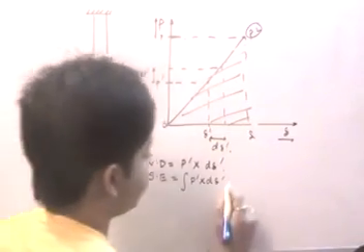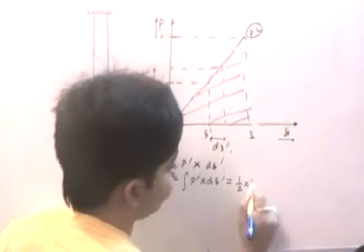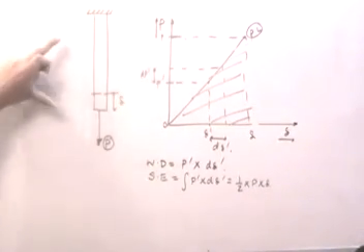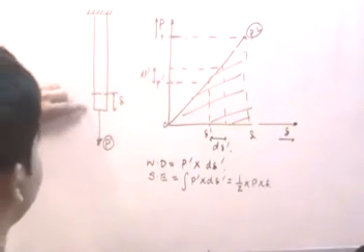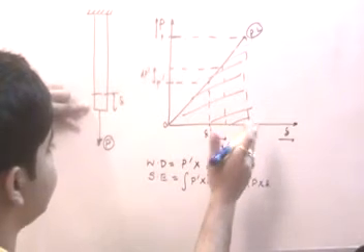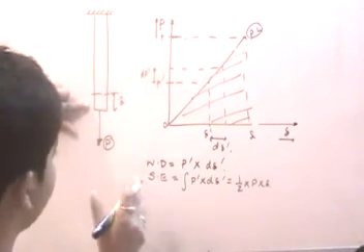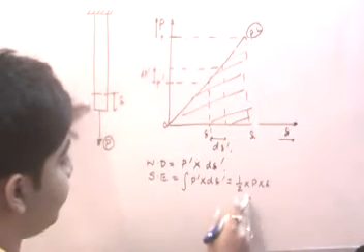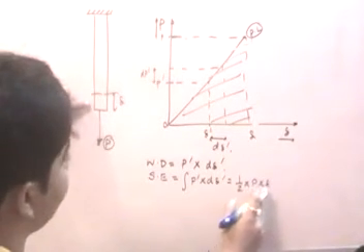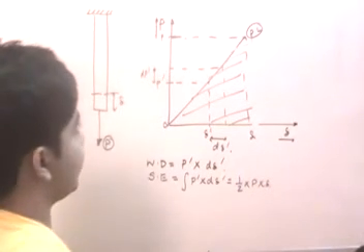So that is basically half into P into delta, right? So the total strain energy that is stored in the body to bring it from an unstretched state to a state wherein there will be the maximum elastic deformation is stored in the form of potential energy, and this is equal to P into delta by 2, wherein P is the load at the proportional limit and delta is the deflection at the proportional limit, divided by a factor of 2.